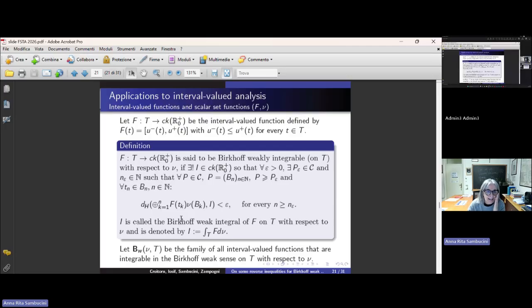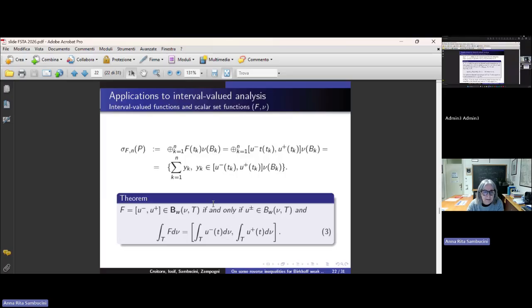The only difference is that we substitute the Riemann sums with the Minkowski addition, and the convergence is understood in the sense of Hausdorff distance.